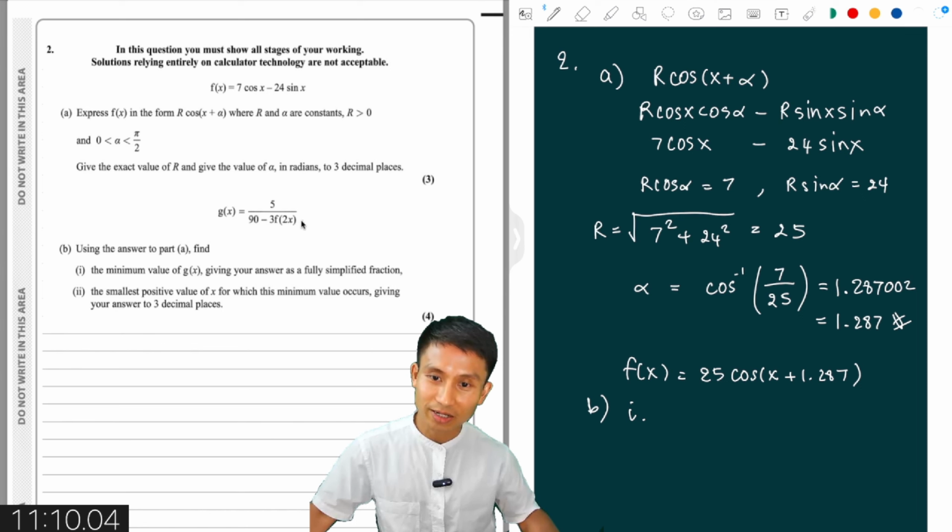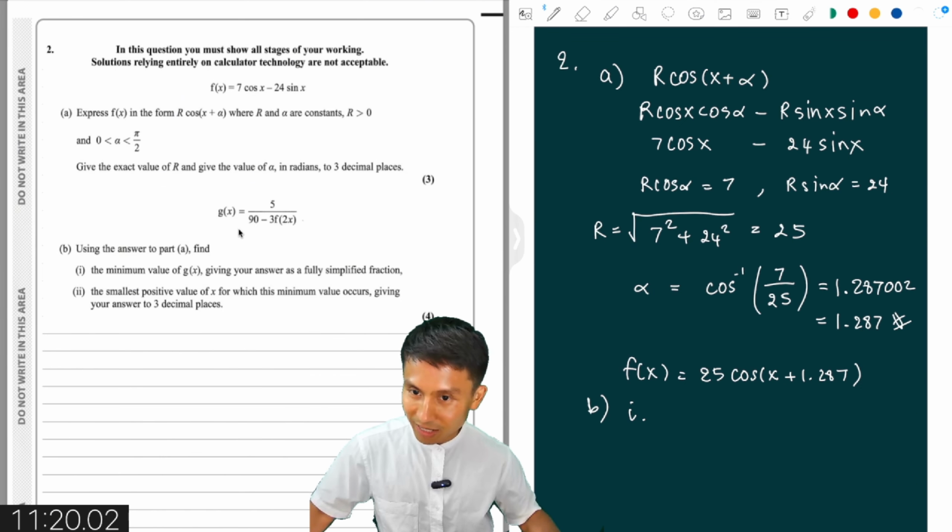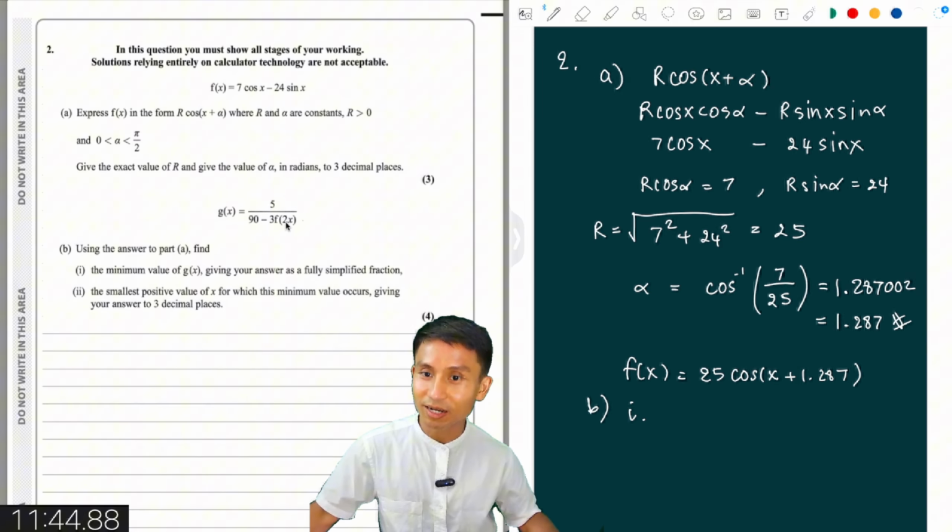You've got to use some logic here. To make g(x) minimum, you need the denominator to be maximum. Follow? If you want the denominator to be maximum, you make the thing that you subtract here minimum. So this 3f(2x) term has got to be minimum, which makes f(2x) minimum. By minimum in this case, it also accounts for the negative sign.